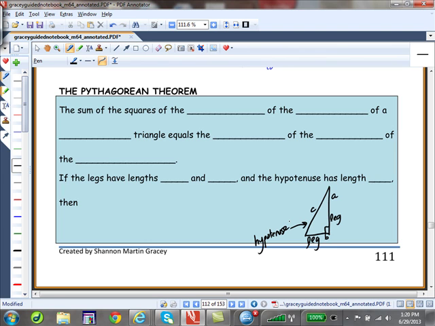So the sum of the squares of the lengths of the legs of a right triangle equals the square of the length of the hypotenuse.